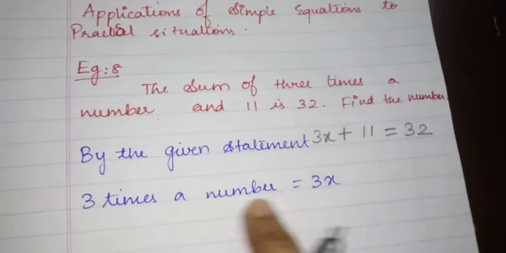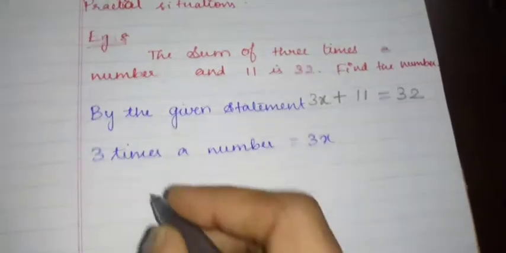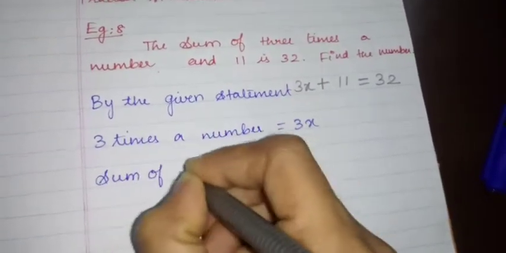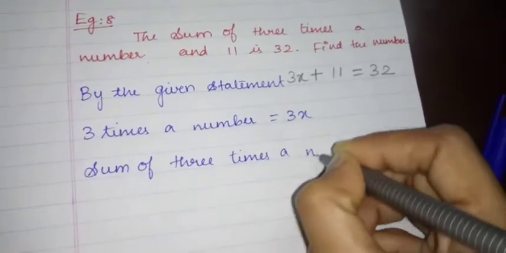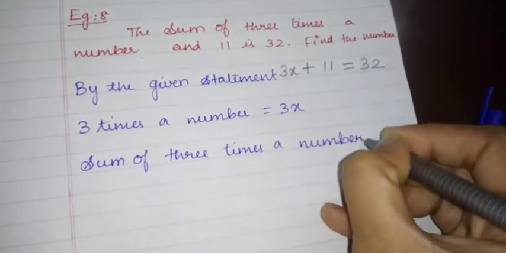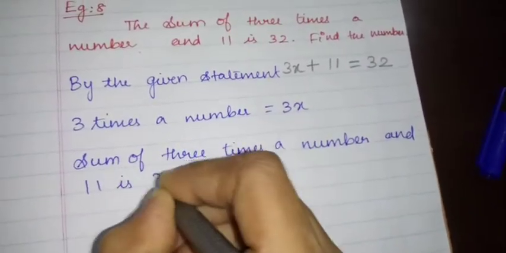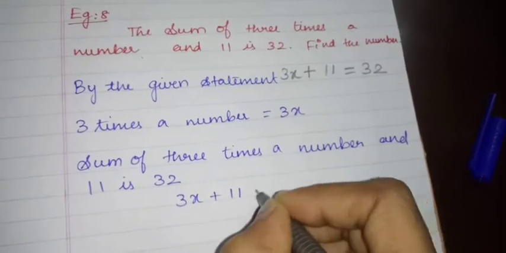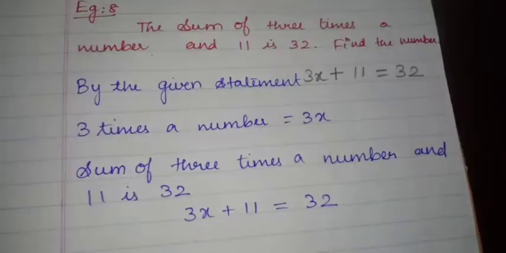Because I don't know what its number is. So 3 into x. 3 times number. Next, sum of 3 times a number and 11 is 32. So what will you write? 3x plus 11 equal to 32. So this is your equation.